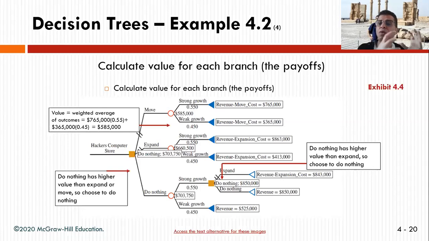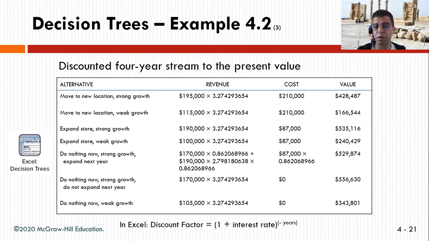Now, to get it a little bit more complicated, there is a future value, or it's called discount factor. $100 today is worth probably $90 next year.